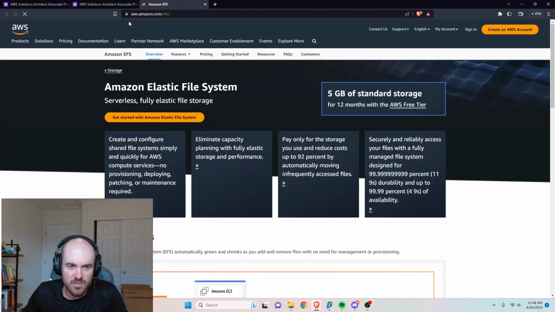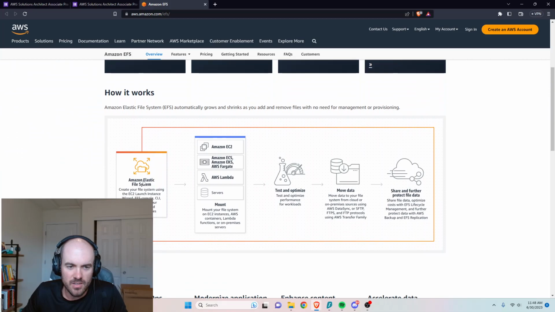And in case you aren't sure what EFS, Elastic File System, is, here it is, and here is how it works. So again, you mount your file system to the mount points on your EC2 instances, and then that's what allows you to access the same file system from different instances. We've got a lab on this, so definitely check that out if you haven't already.